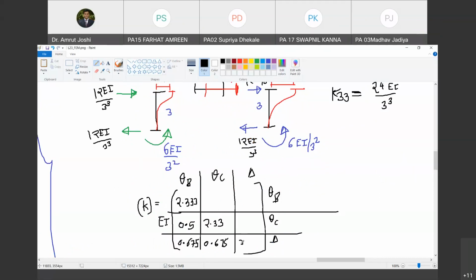Something went wrong. 24/3 cube. 3 3s are 9, 9 3s are 27. 24 upon 27. How can it be 2.67? Sir, 0.89. 0.889. Are you with me? Yes, sir.